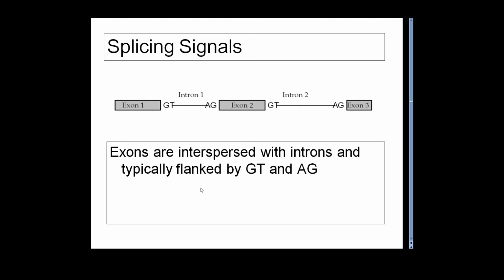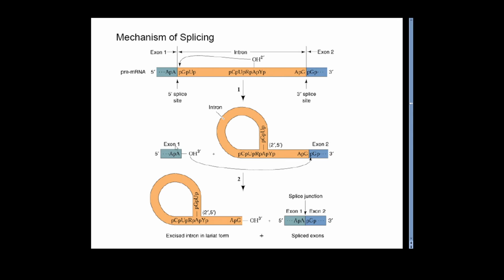This is the boundary place, and splicing begins at the first splice site, with digestion of the phosphoester bond and forming of a covalent bond with the second carbon of the ribose in the adenine, this conserved sequence. Forming of a lariat, and later digestion of the second phosphoester bond, and forming of two digested parts, which will be spliced.